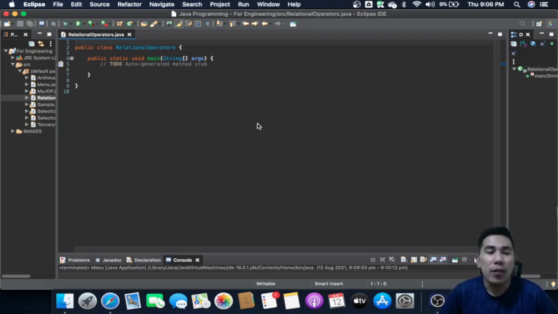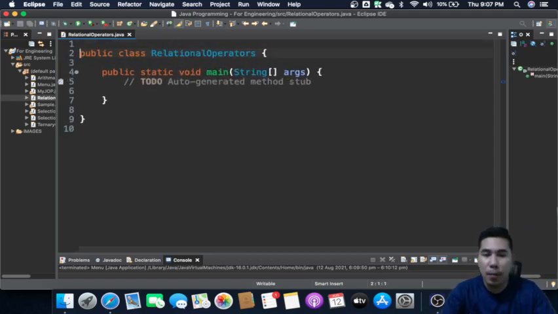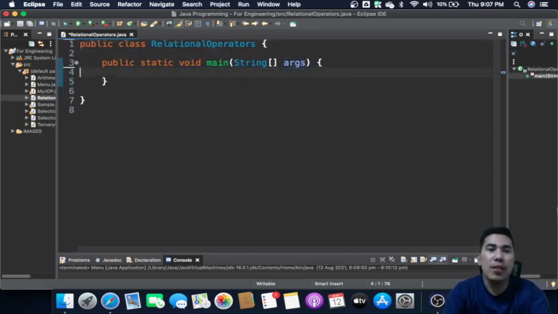So the knowledge and concepts that you will get from here are one step closer to learning if-else and if conditions, or selection structures in Java. To start with, I'm going to discuss what the relational operators in Java are.